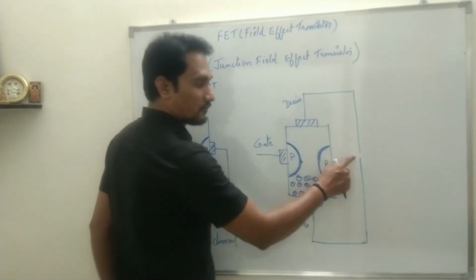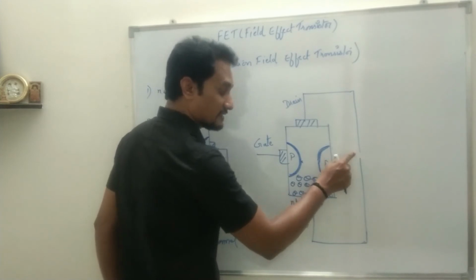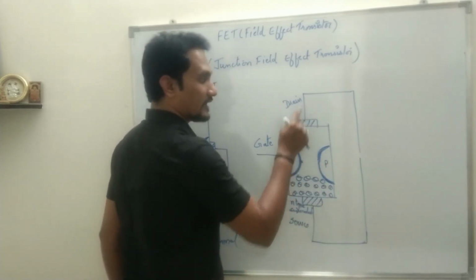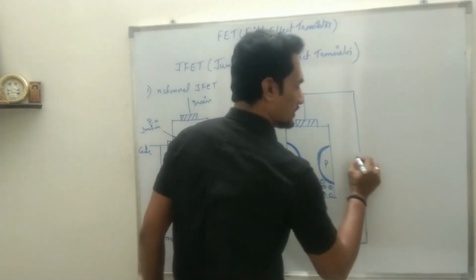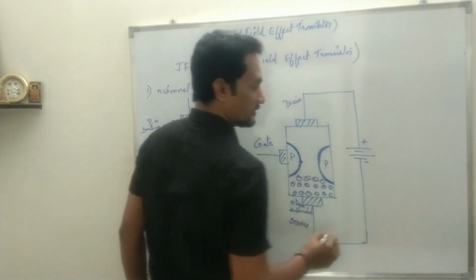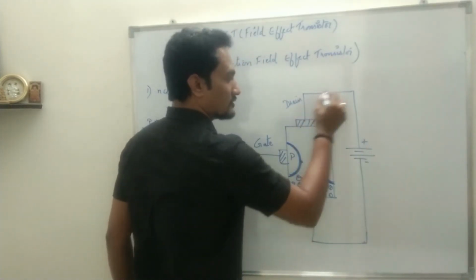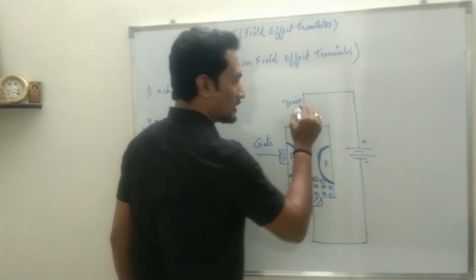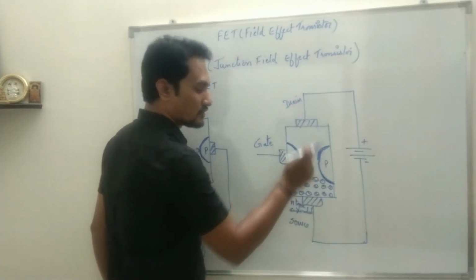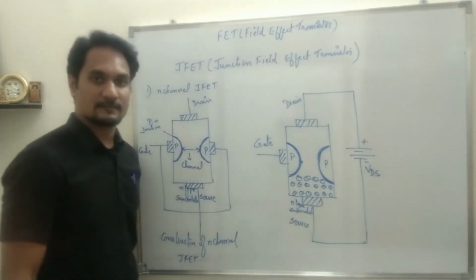So what polarity has to be applied? The polarity should be such that the electrons are repelled by the source and attracted by the drain. So source should be connected to negative and drain to positive. The negative terminal will repel the electrons and the positive terminal will attract them. This potential is applied between source and drain, so it is called VDS.